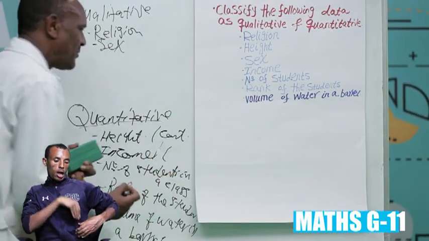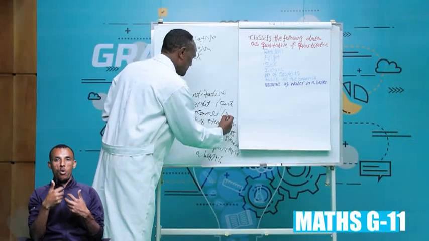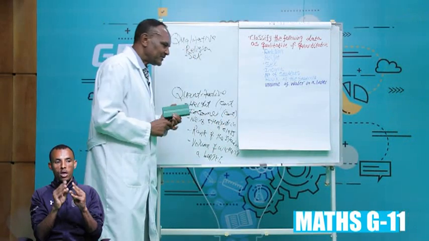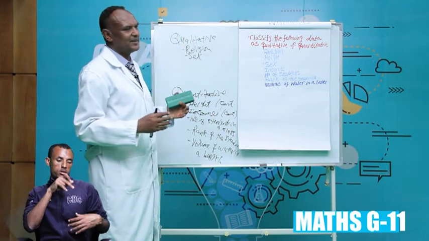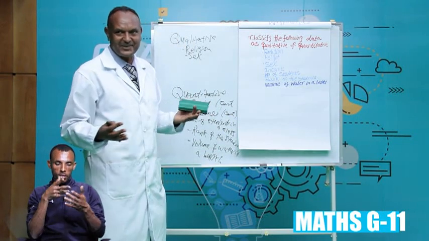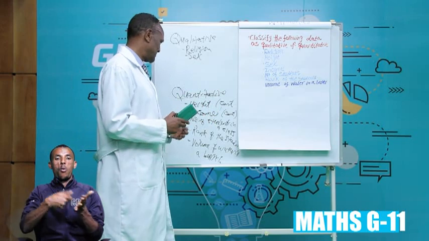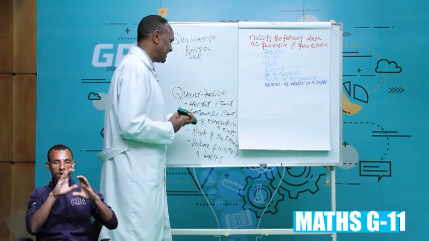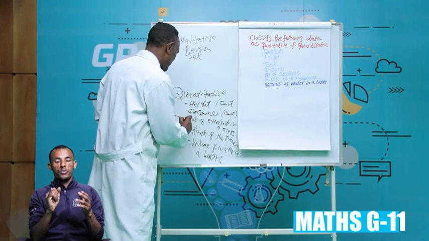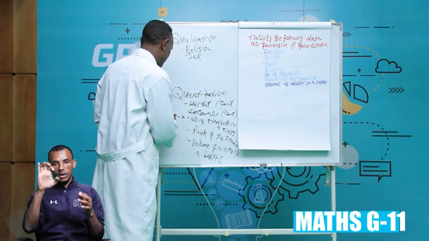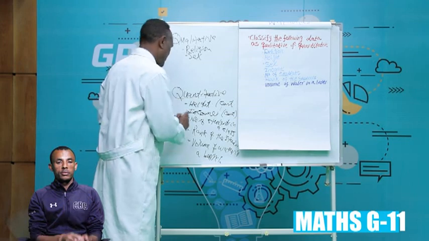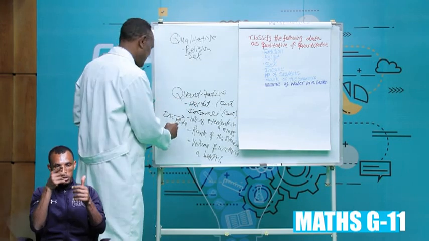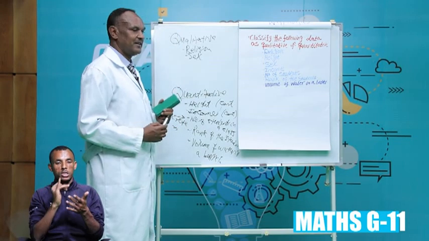Income, the amount of bills that you have, is also continuous. When you collect our salary after taxation, we will have coins, and coins represent decimals. Number of students in a class is discrete data. Rank of the students, first, second, third, is also discrete.